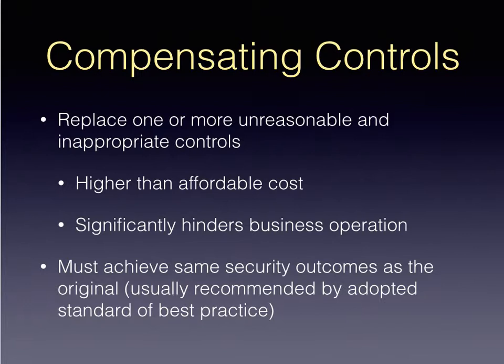So if we put in a compensating control, it must achieve the same security outcomes as the original control. And original controls are recommended by standards of best practice, by regulations, etc. Whatever compensating control we implement, again, it must achieve the same outcomes as the recommended or original control.